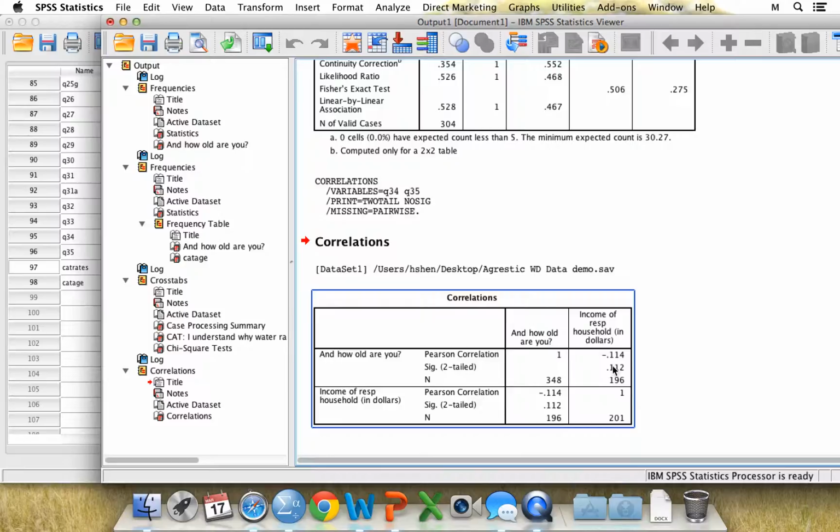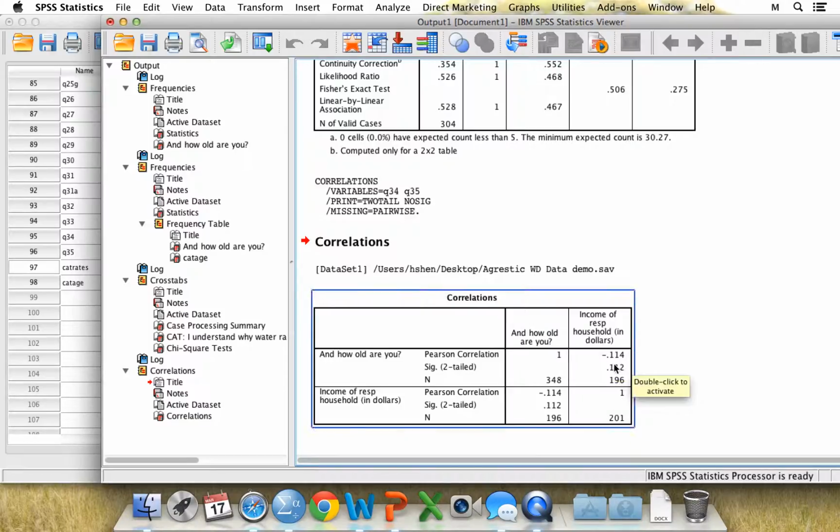So it's bigger than 0.05. That means the relationship is not significant. But the relationship is negative. So the coefficient is negative 0.114. It means the older you are, the less money you make.